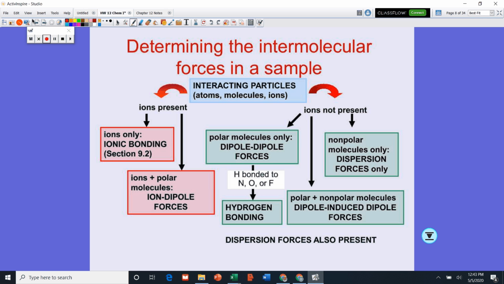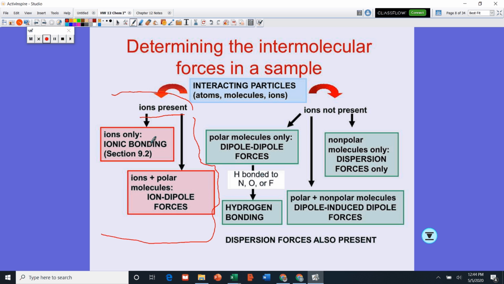So what we have to look at first, the particles that are interacting, are they atoms, molecules, or ions? All right. If there are only ions present, then it's ionic bonding because the positive and negative are going to attract each other. And this is called ion-dipole forces. All right. This is all related to ionic bonding.